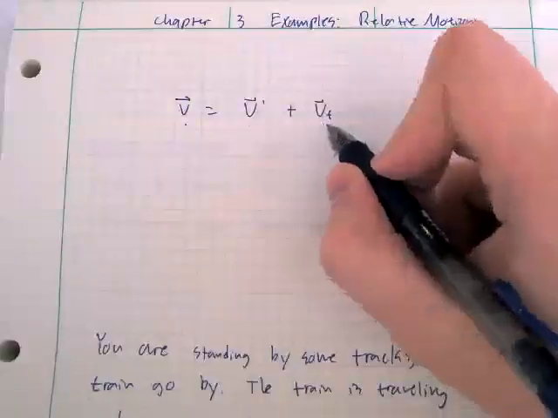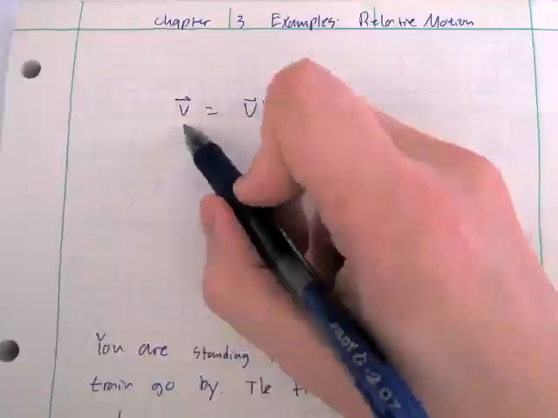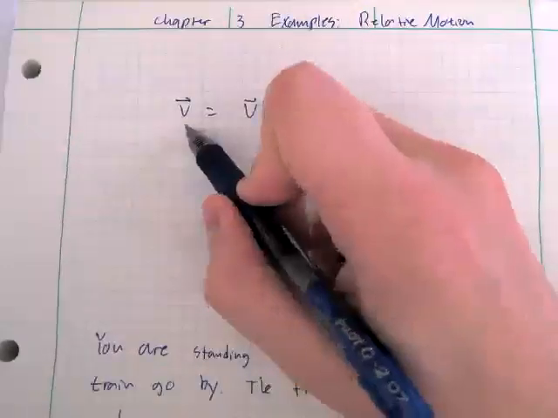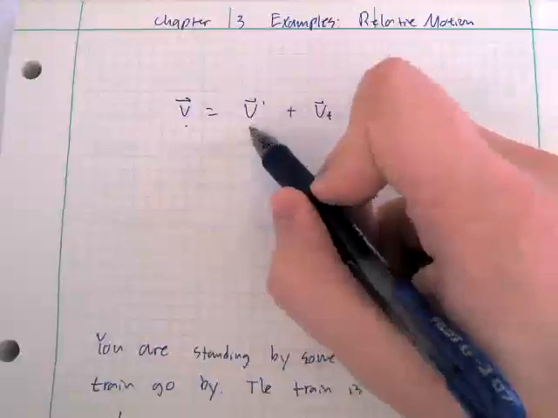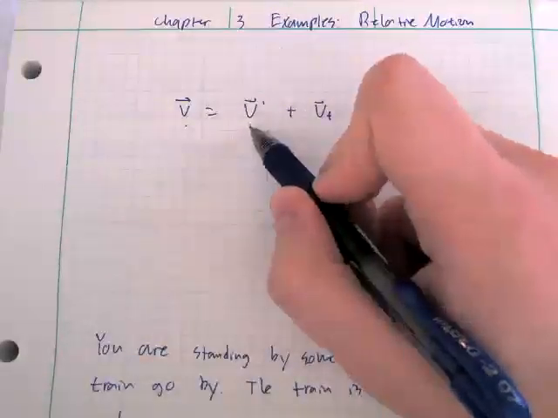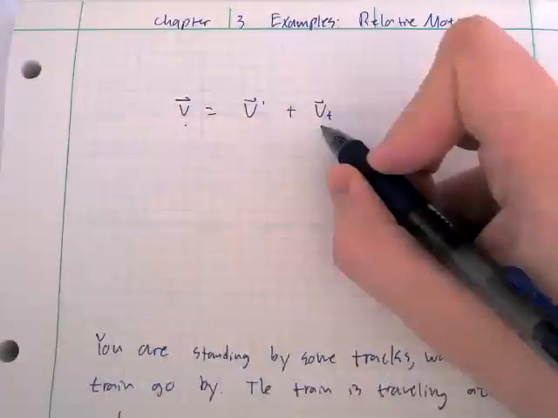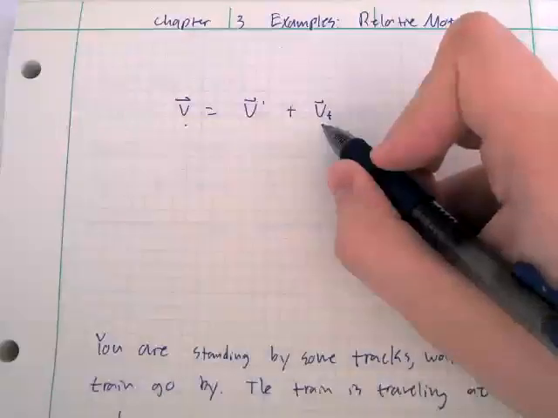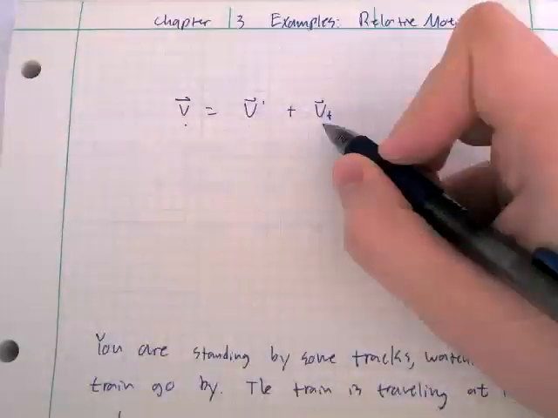As some examples, if you're talking about boats on the water or planes in the air, this would be the velocity of the boat or the plane relative to the ground, equal to the velocity of the boat or the plane relative to either the air or water, whatever moving reference frame it is moving through, plus the velocity of the frame, which is going to be either the water or the air, depending on which one you're going through.